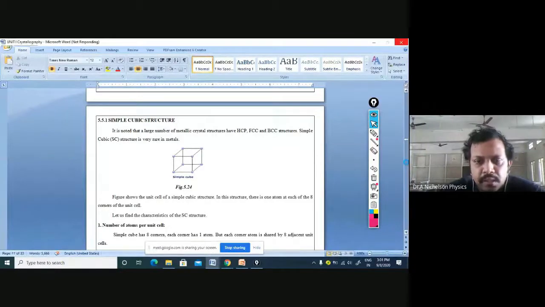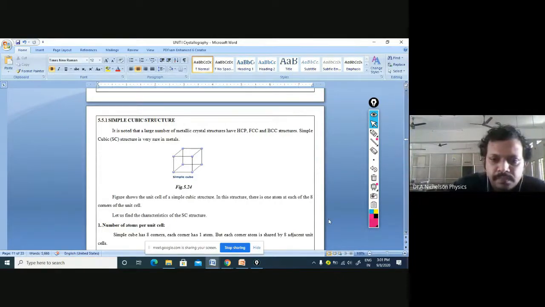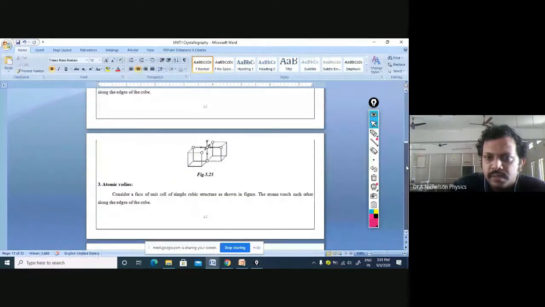So you already know the different characteristics of this unit cell. So first characteristic, as you know, is the number of atoms per unit cell. Okay, so for this we have to draw something.